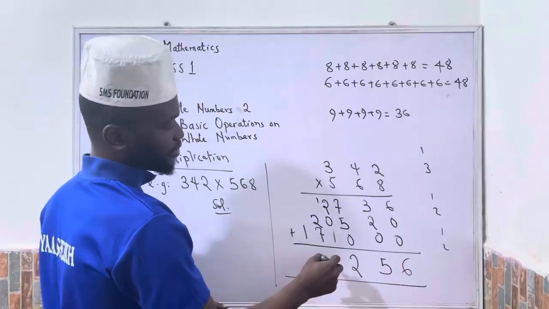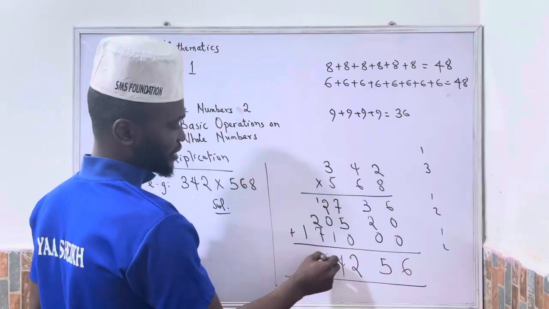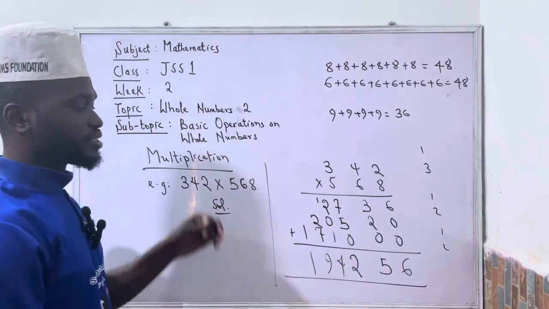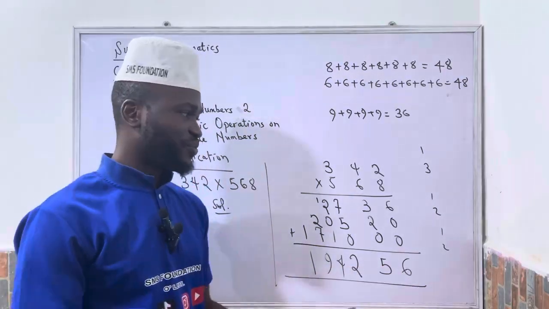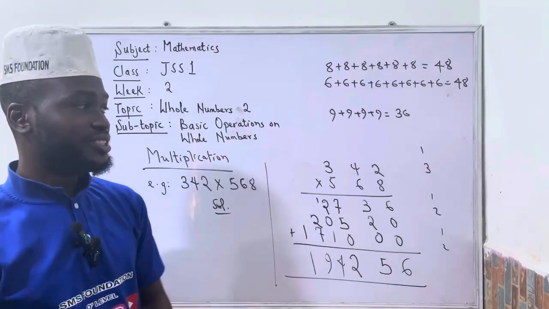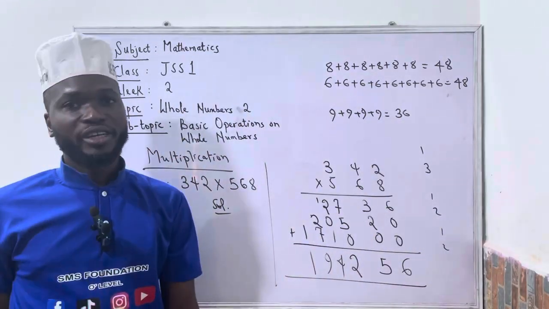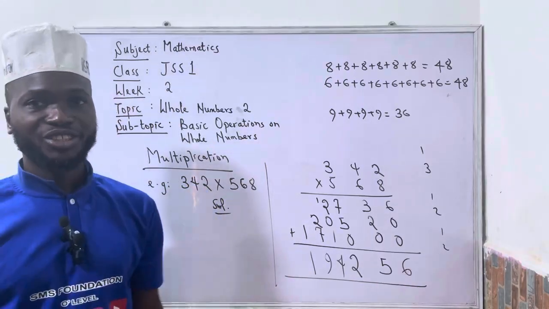Plus 1 will give me 4. 2 plus 7 will give me 9. Then 1 plus nothing will give me 1. So our answer is 194,256. Very, very simple.